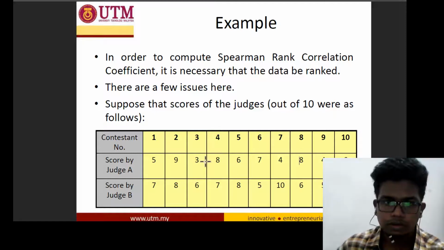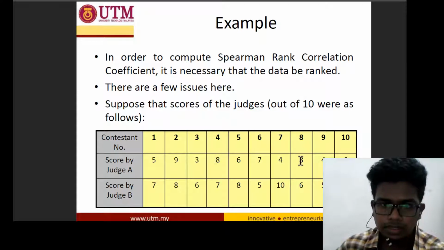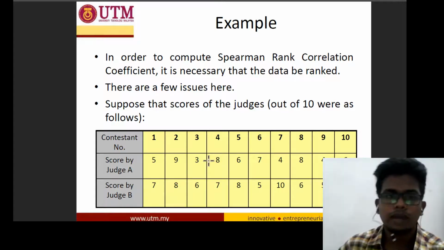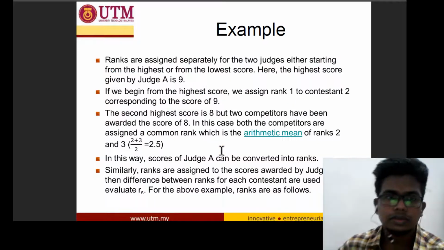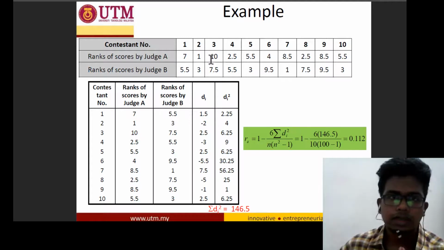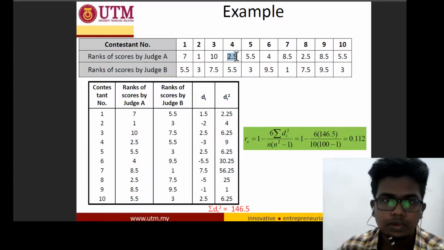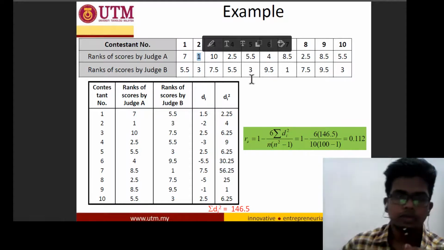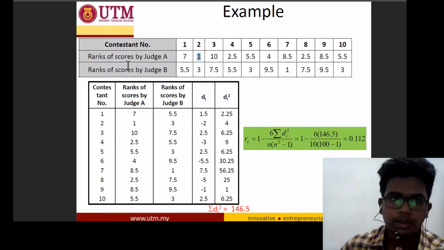For ranking them, these two have the same value, so we add 2 and 3, then 2 plus 3 divided by their number. How many numbers are they? 2 numbers. So divided by 2, that means we will have 2.5. So in here we can see that 4 has 2.5 rank, and 2 has 1 rank. Like this we will fill them in this column.